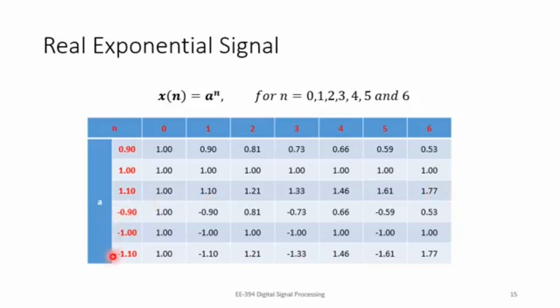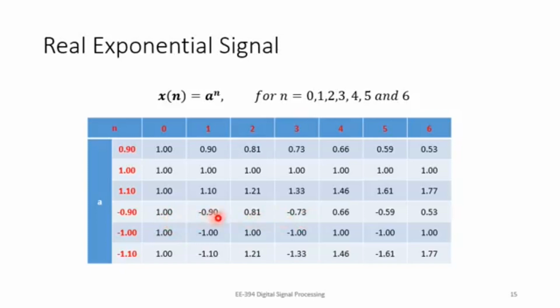Similarly, there are these three examples, again the same values but with a negative sign. So minus 0.9, minus 1, minus 1.1. With minus 0.9, again the signal values are decreasing, but there is an oscillation. The first value is positive, the other is negative, then positive, then negative.